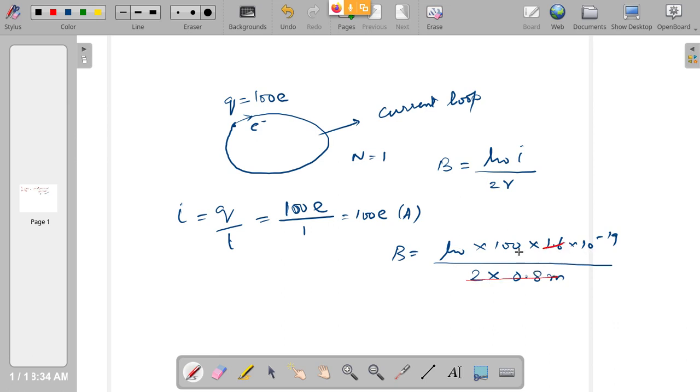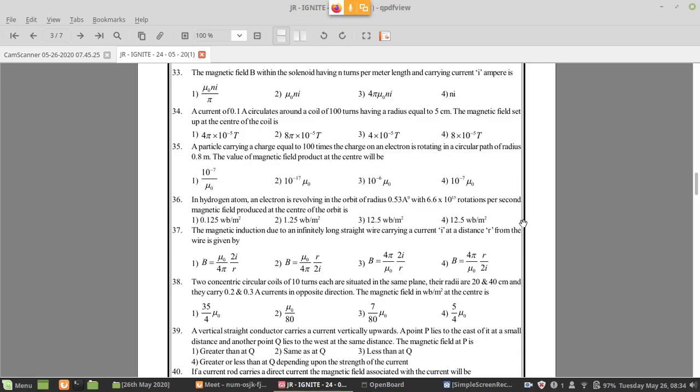Right. 10 power 2 and 10 power minus 19 will give 10 power minus 17. So it is 10 power minus 17 into mu naught. If you check the answer, 10 power minus 17 into mu naught is choice 2. So the second choice is the answer for the 35th question. Right.